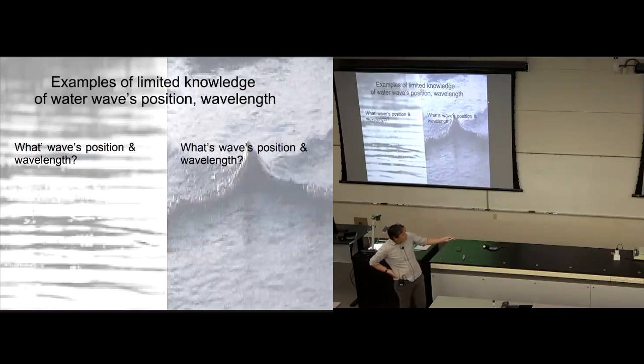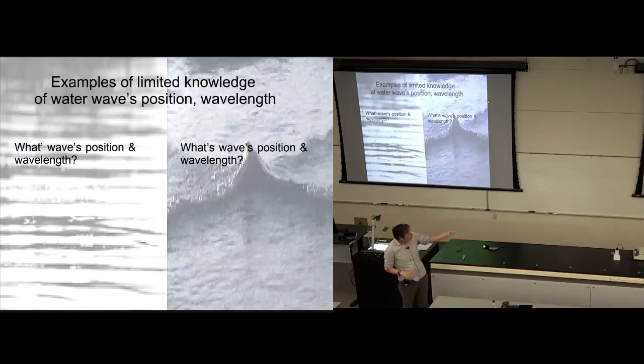This next picture is given a fancy name, soliton, and you can see this sometimes. This peak here is also made out of water waves. It's where this kind of wave structure is very well defined in position. I can say exactly where this wave is, but I can't really say what its wavelength is.